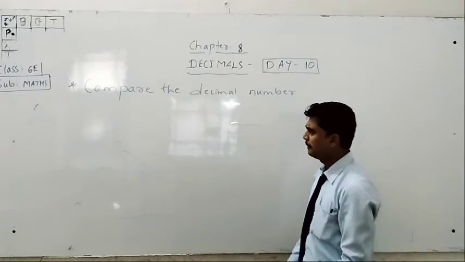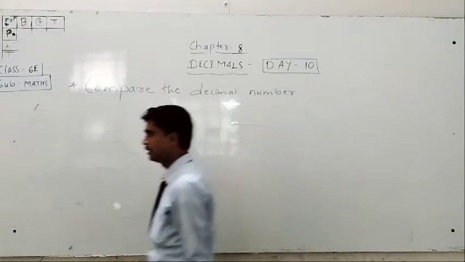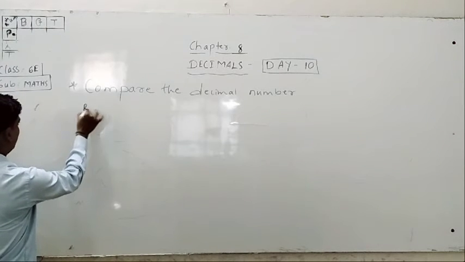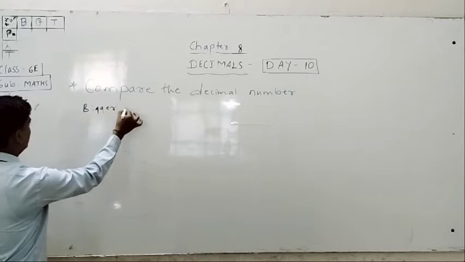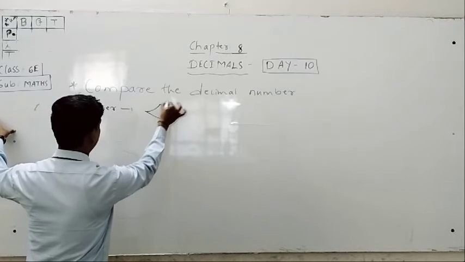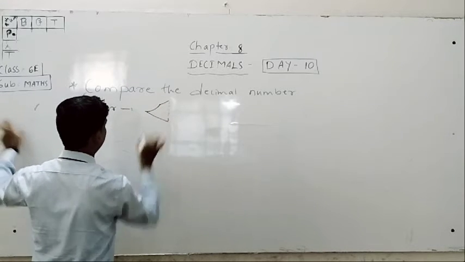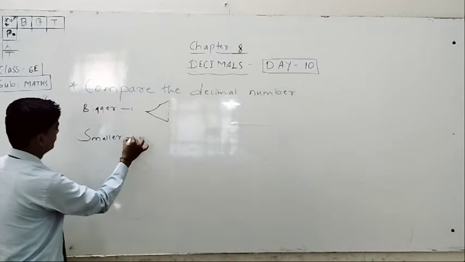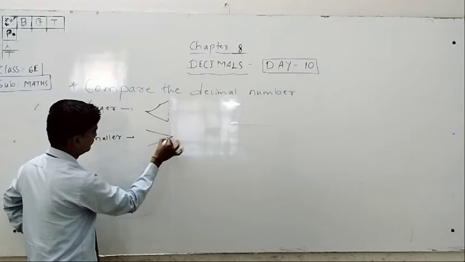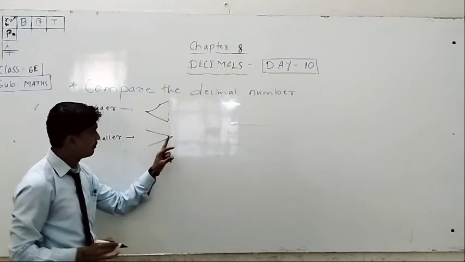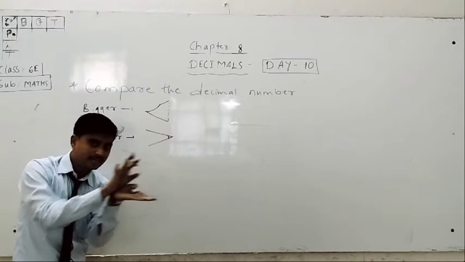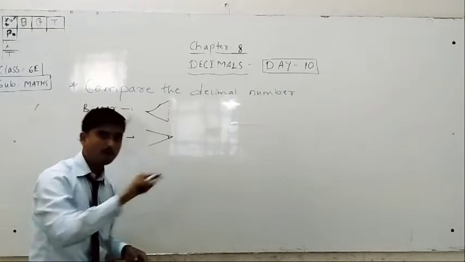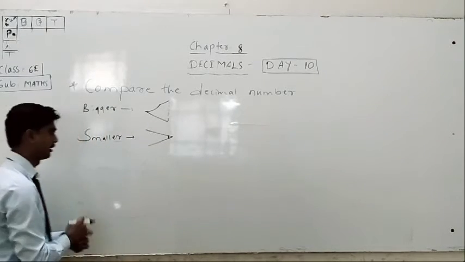Understand? When two decimals are given, you should compare which is bigger and which is smaller. I am marking here: where the mouth is, that is the bigger number, and where the arrow mark is, that is the smaller.